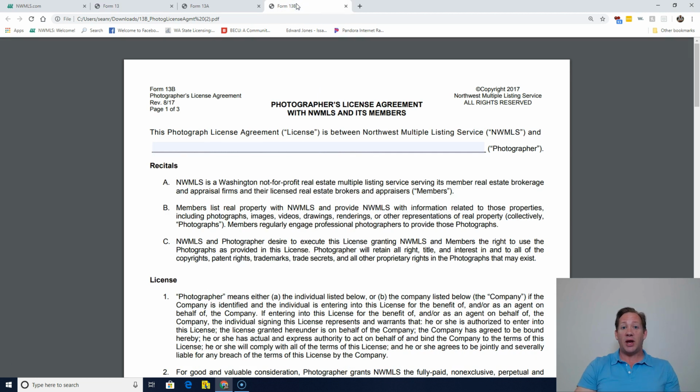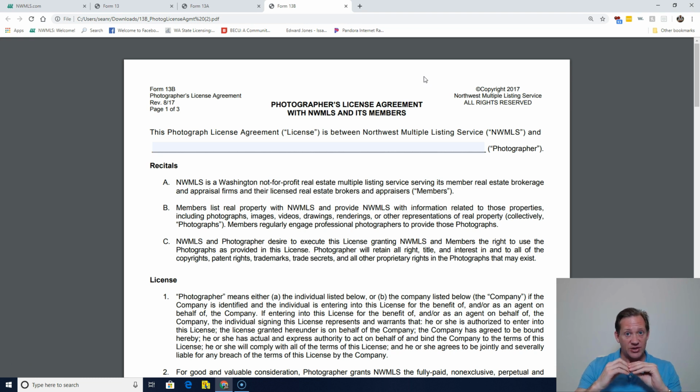So I'm going to start with the big one first and work our way through, because a lot of the terms on these forms are the same. The MLS is basically outlining who the players are and what's going to be done with these photos, what's okay and what's not. So Form 13B, this is the big one. A lot of times if you're using a new photographer, they may already have this form registered with the MLS.